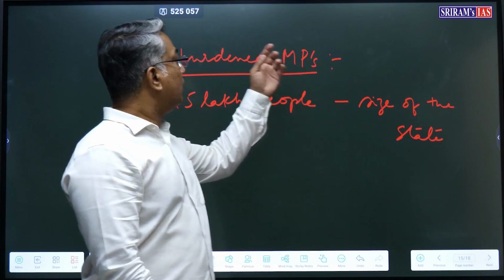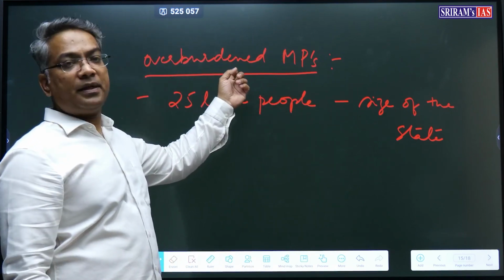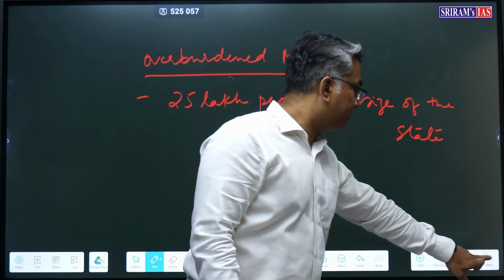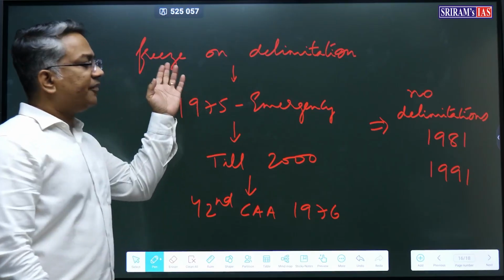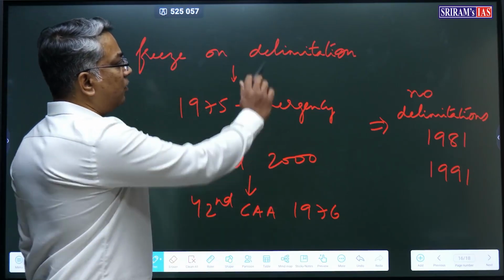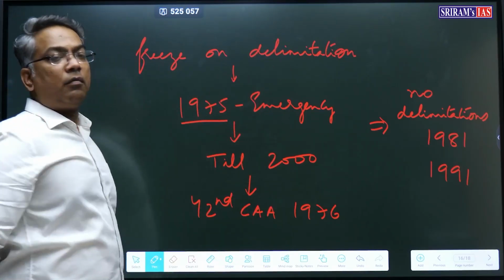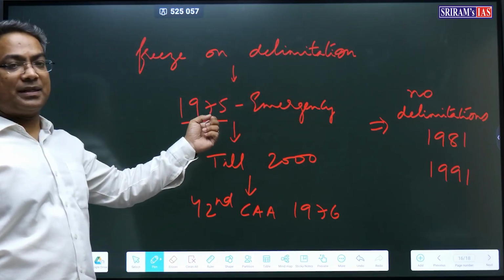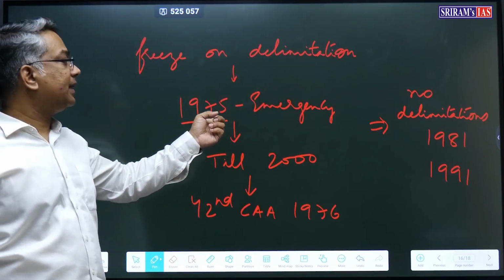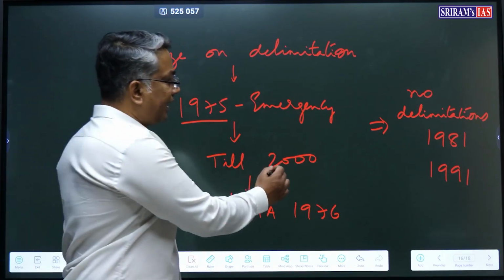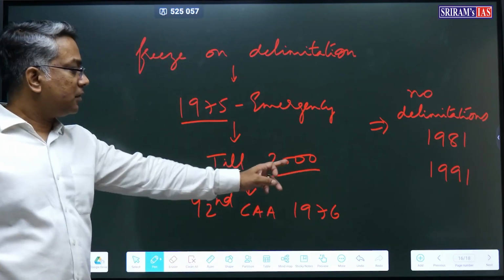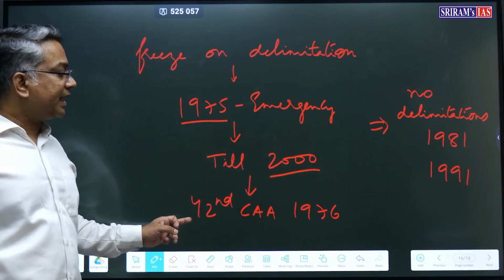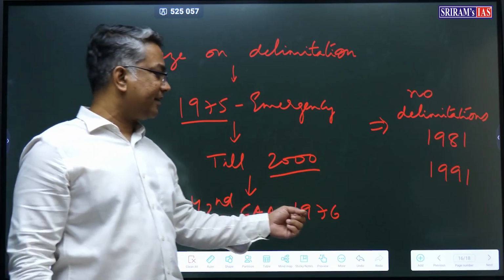Okay, so the representation of the MPs has become overburdened, and the freeze on delimitation was made during the emergency in 1975 by Indira Gandhi till the year 2000. This was brought about by the 42nd Constitutional Amendment Act 1976.